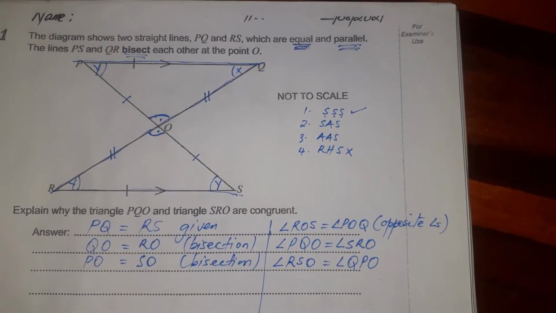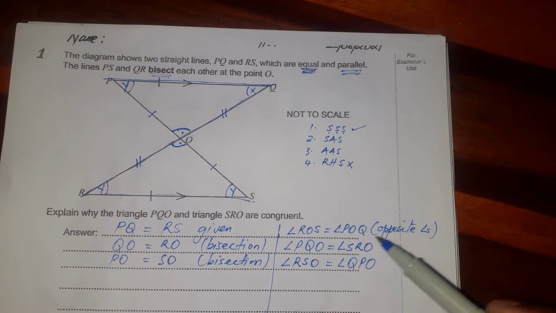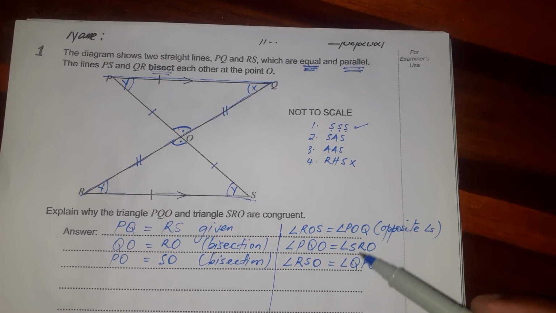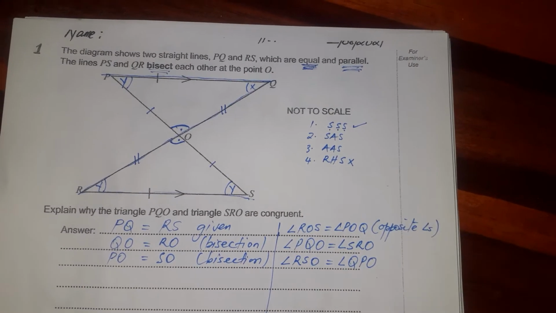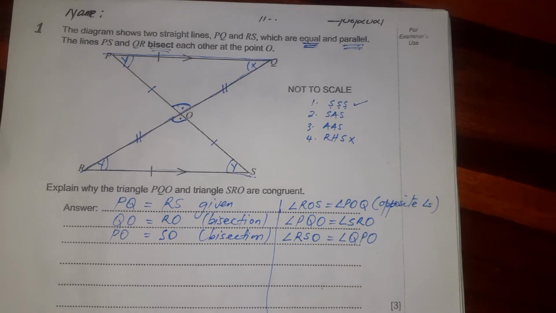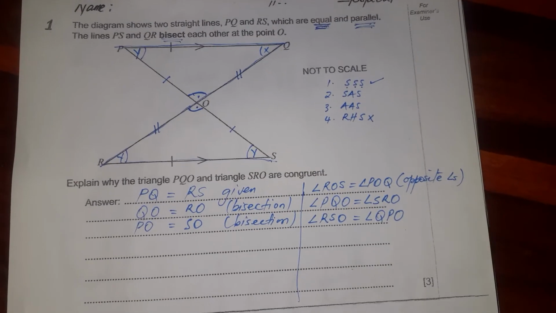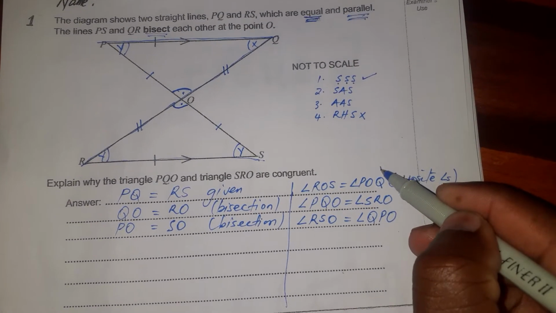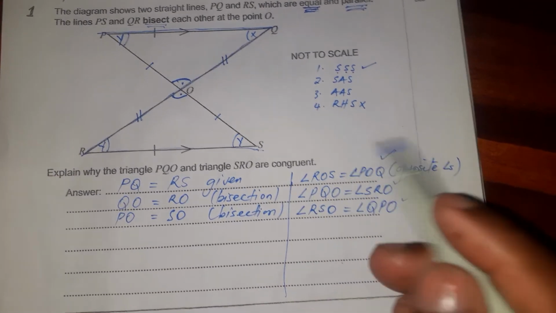That is the answer for that question. You can either prove by using properties of angles, or you can use the criteria of proving congruence, where you look at the sides that are corresponding and they are equal. You can see now here we have 3 marks, therefore you can get a mark here, a mark there, a mark here. The same also applies here.